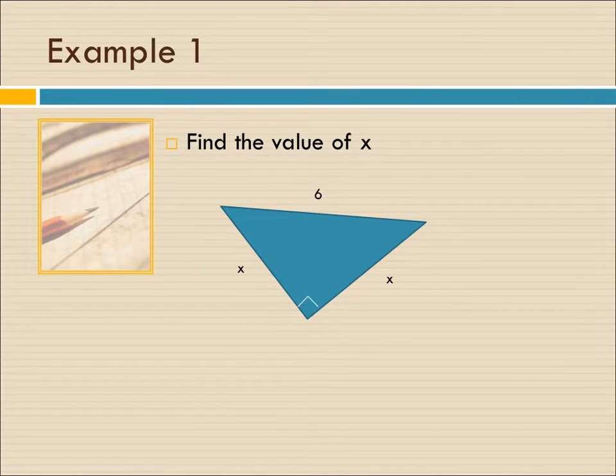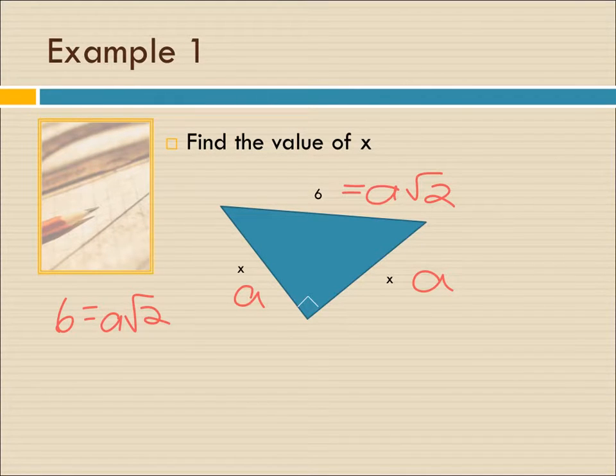So we start with just the 45, 45, 90 triangle. This time, what's given to you? The hypotenuse. So if this is supposed to be A, and this is supposed to be A, and this is supposed to be A root 2, then instead of being given the A, I have to find out what A would be. So I just say, okay, if 6 equals A root 2, how would I solve this for A? I want to get the A by itself.